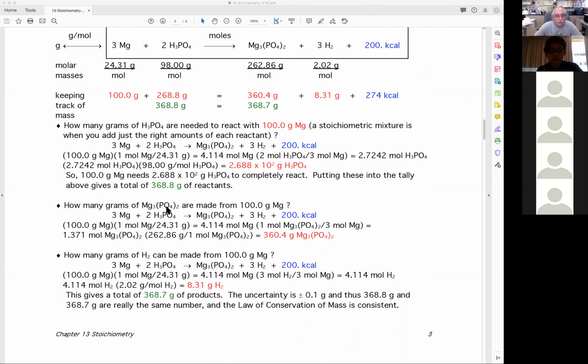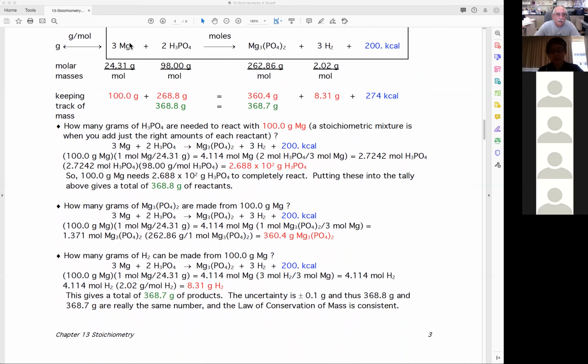So how many grams of magnesium phosphate are made from 100 grams of magnesium? So I'm out here, 100 grams of magnesium, I have to convert into moles. Moles of magnesium then has to be converted into moles of magnesium phosphate. Then I have to turn moles of magnesium phosphate into grams of magnesium phosphate. So I did that.